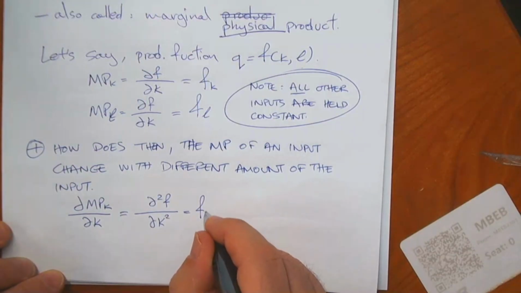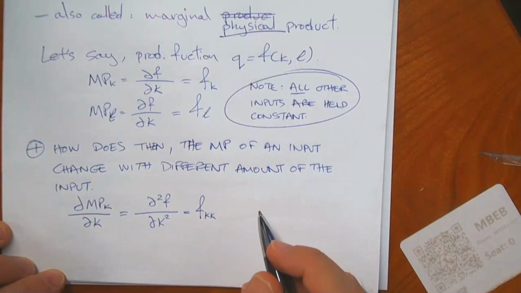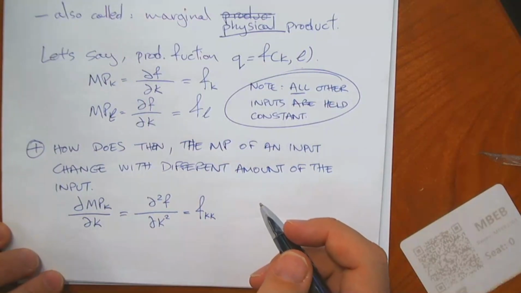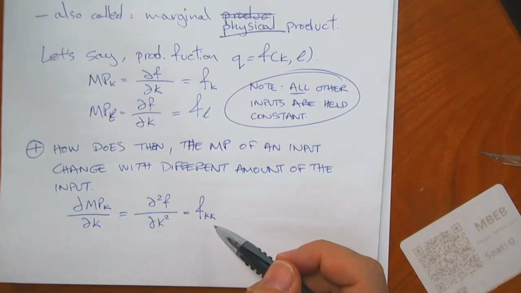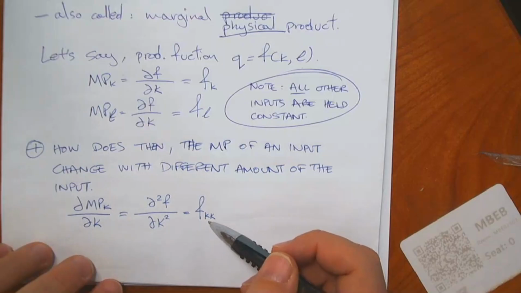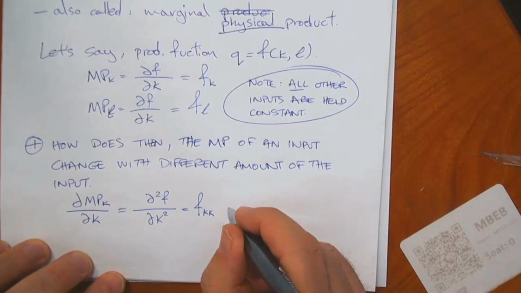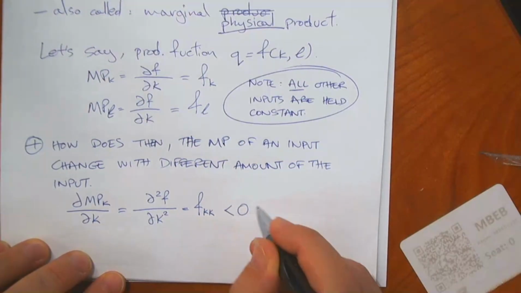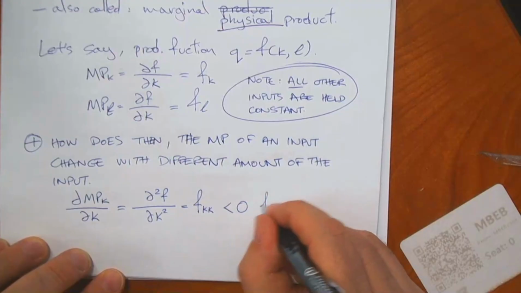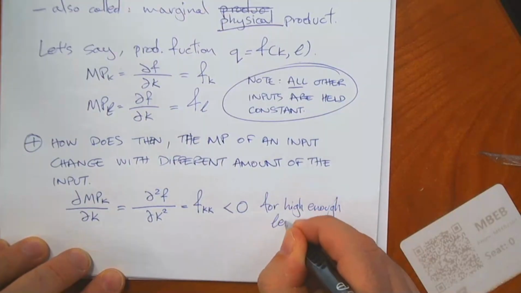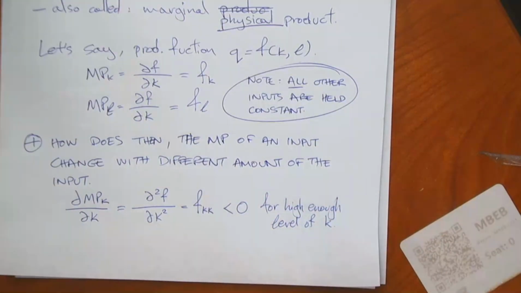We're going to symbolize this as F subscript kk, because we're taking a partial derivative after we've taken the first partial derivative. Is everyone comfortable with this notation? Okay. And this we expect is going to be less than 0 for a high enough level of K, right?